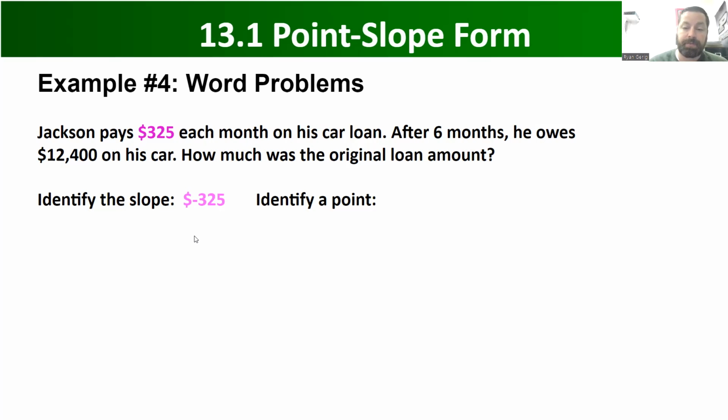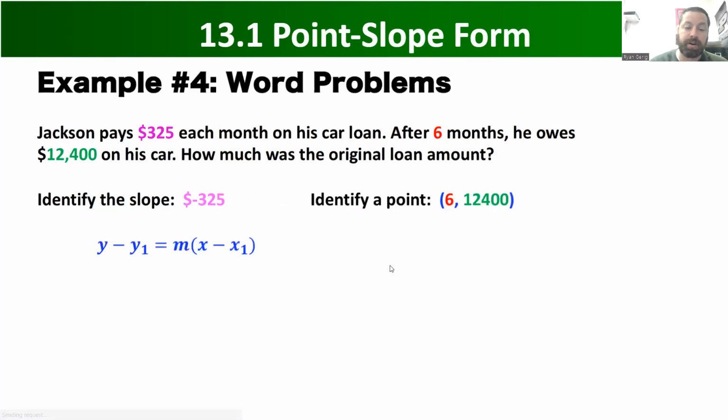Identify a point now. After 6 months, he owes $12,400 on his car. There's a point. At a certain time, he owes a certain amount. We can use that information to write our equation in point-slope form. So y minus 12,400 equals the slope of negative 325, x minus 6.